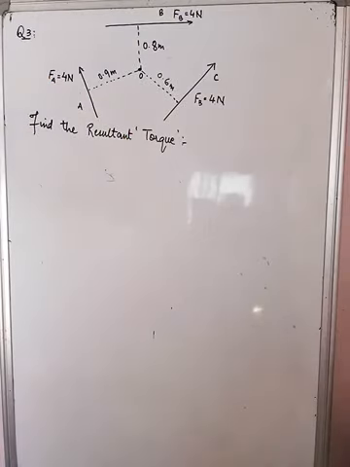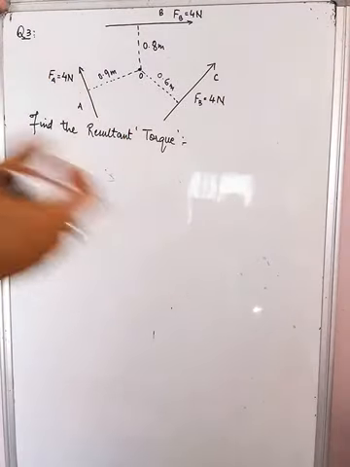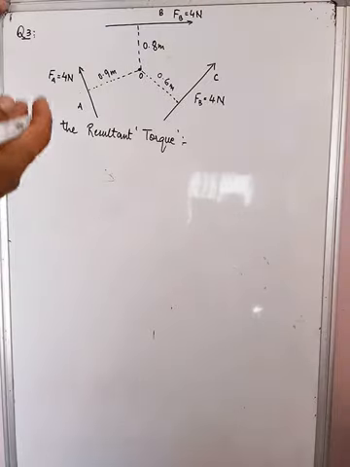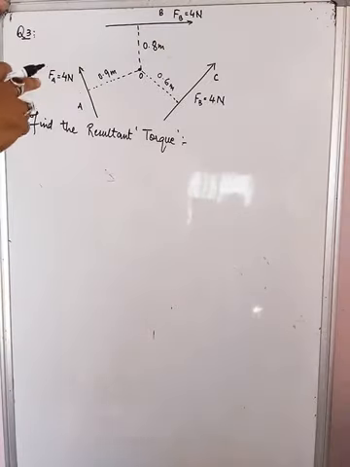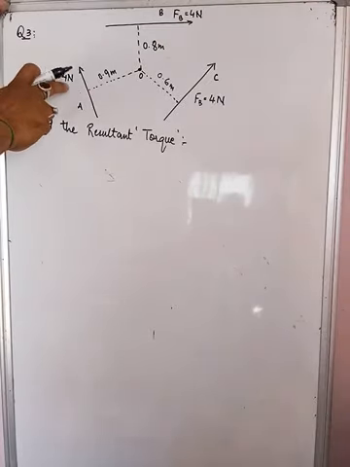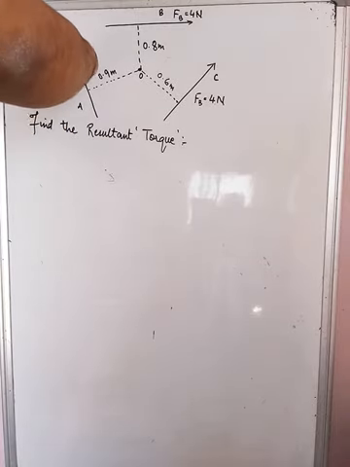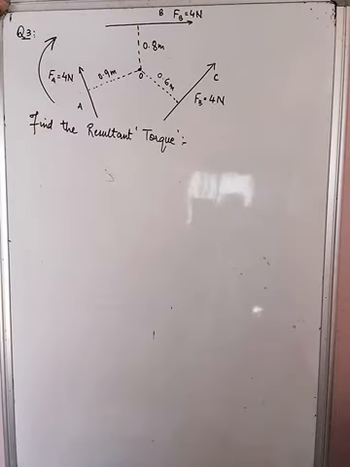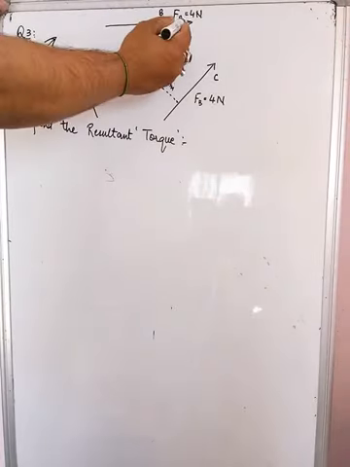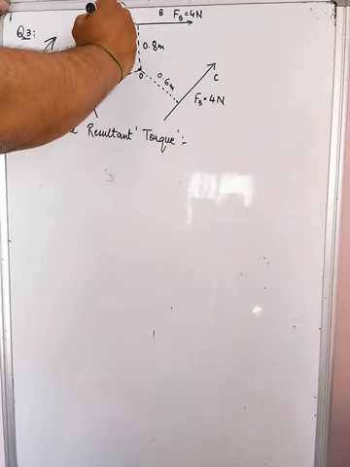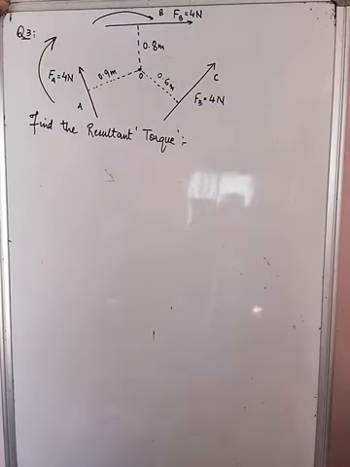Okay, so now let us first decide how many turning effects there will be. There are three forces, so there will be three turning effects. Starting with force A, how is it going to do the rotation? It is going to provide a turning effect in this direction. Look at the second force. It is going to provide a turning effect in this direction.